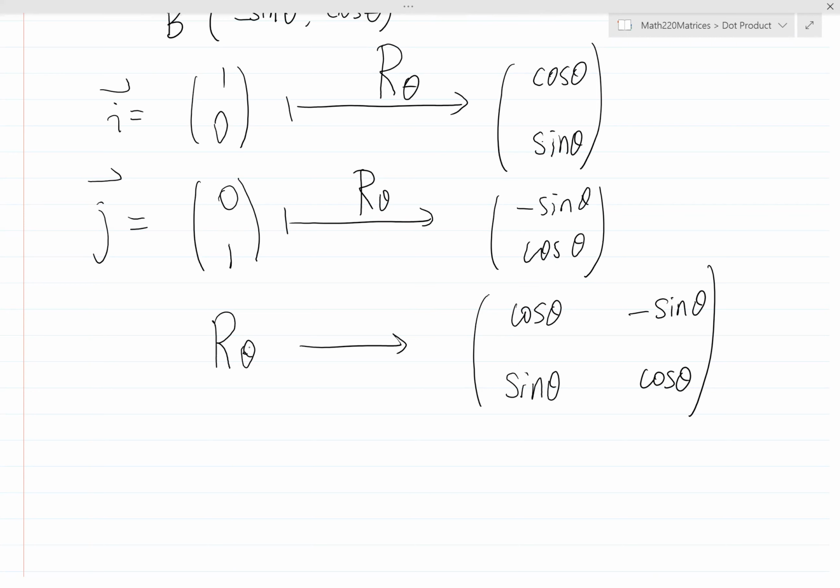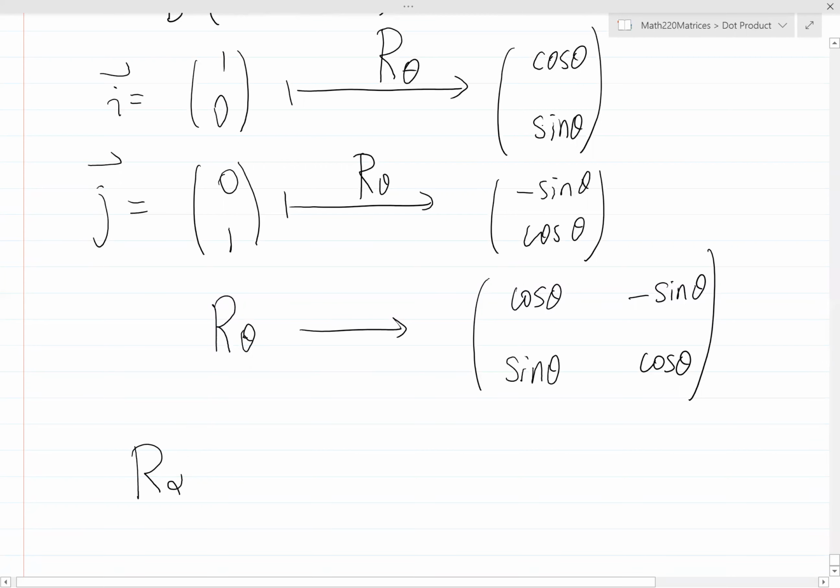Okay. Now what happens if we rotate by an angle beta, and then rotate by an angle alpha? Suppose we have a vector x, y.